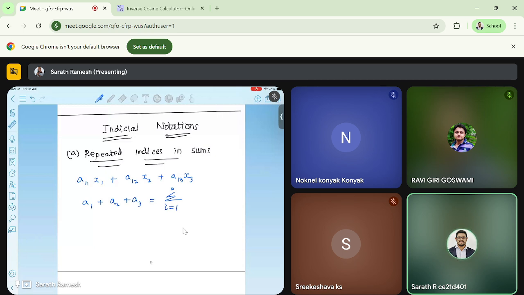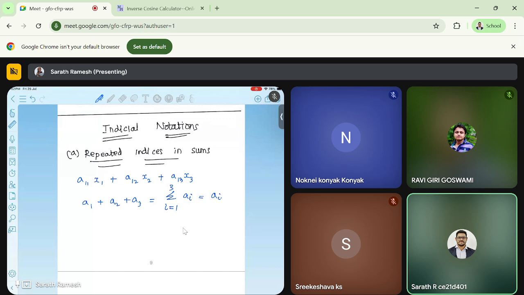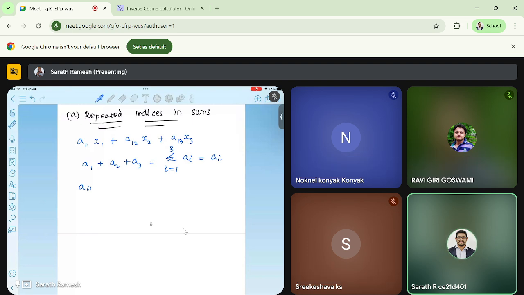Suppose we have something like Aii xk. What does it mean? Here, when i is repeating twice, please listen carefully, we need to sum it from 1 to 3.